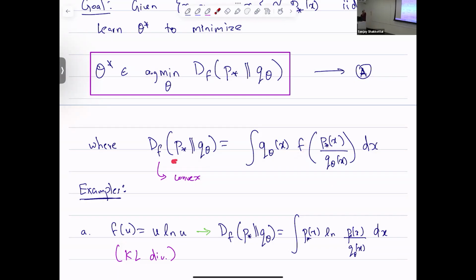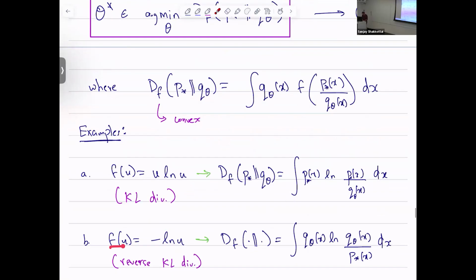Okay. So if I put f(u) equal to u log u, then this thing becomes the forward KL. You can check the algebra. By just substituting f(u) equal to u log u, D_f(P star, Q) becomes KL of P star and Q. If you put f equal to negative log u, then it becomes the reverse KL. These things switch here with this function.